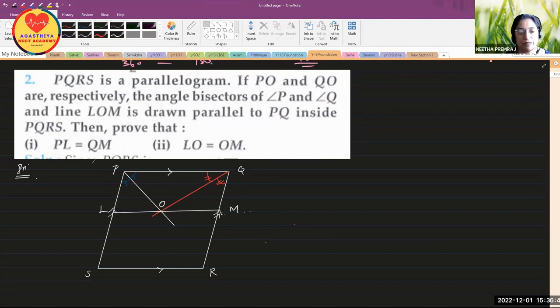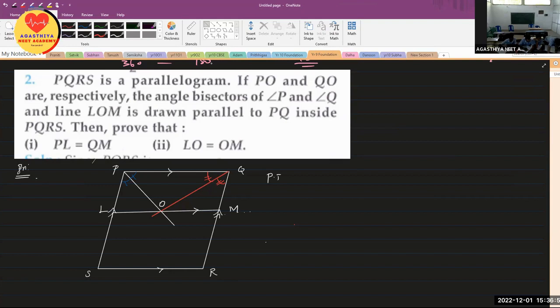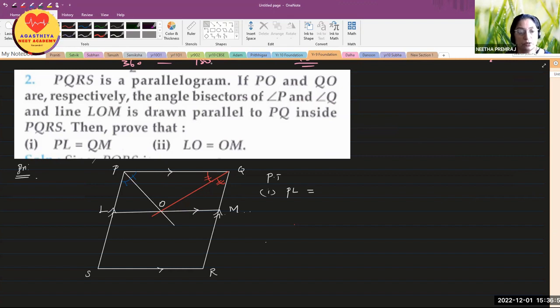LOM is parallel to PQ and SR. Then prove it. Prove that PL is equal to QM and LO is equal to OM.